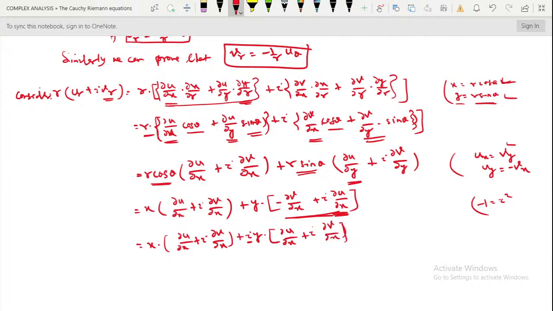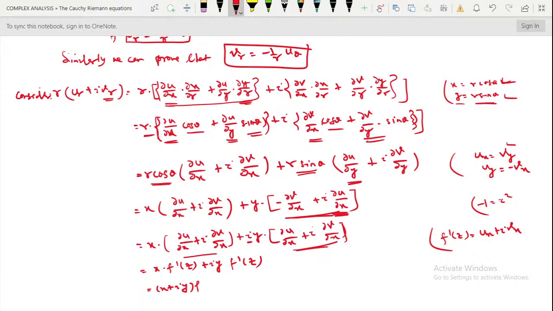And you know this thing, f dash z is ux plus i vx. So I can replace these two things by f dash z. So this is x times f dash z plus iy times f dash z. So this will be x plus iy times f dash z, which is z f dash z.